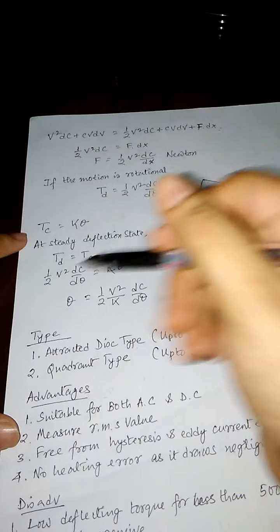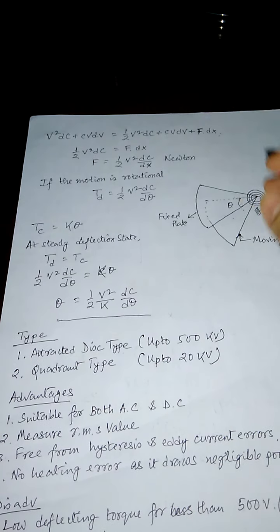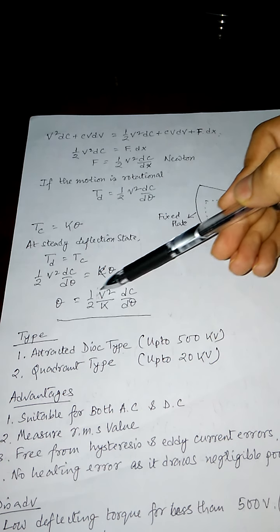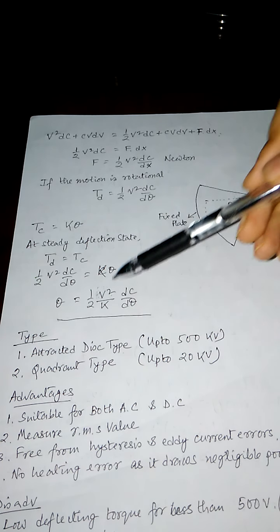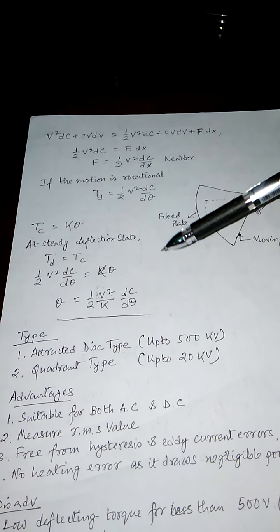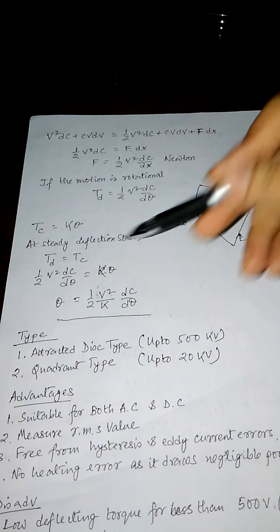That means this final output, the angle of deflection, is dependent on the square of the applied voltage. As it is proportional to the square of the applied voltage, it can be used for both AC and DC.